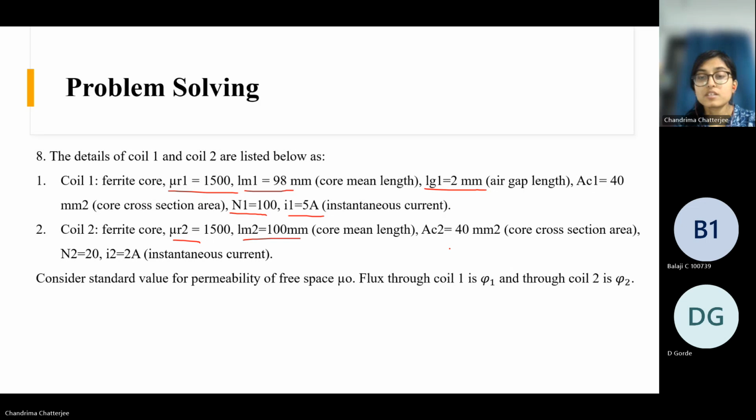Mu naught is the standard value that we usually use. If the flux through coil 1 is phi 1 and the flux through coil 2 is phi 2, you will have to find the ratio of phi 1 and phi 2.